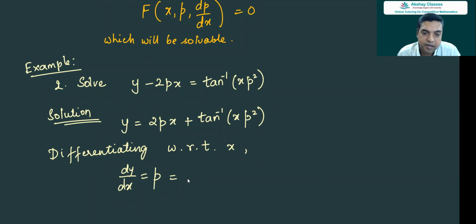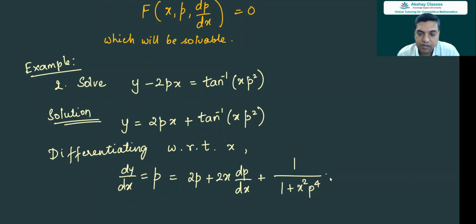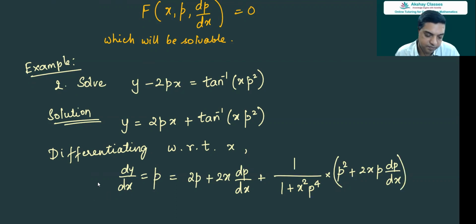So you get 2p into derivative of x plus 2x into derivative of p plus derivative of tan inverse, which is 1 by 1 plus x square p power 4 times this derivative, that is p square plus 2xp times dp by dx. Remember, p is not just a constant, it's a function of x, dy by dx actually. Okay, so we get something like this.